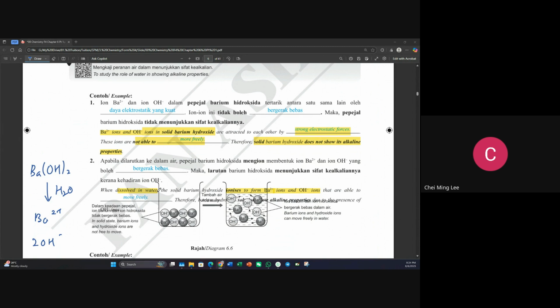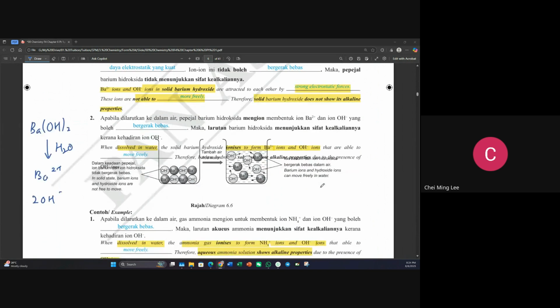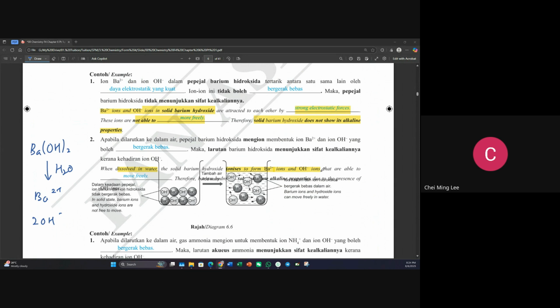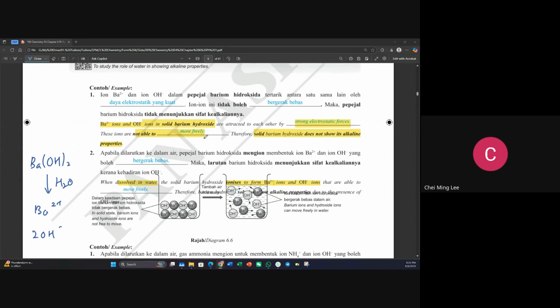But when it dissolves in water, the barium hydroxide will ionize to form barium ions and hydroxide ions. They are able to move freely, so it becomes alkaline. You understand? Okay, so next.